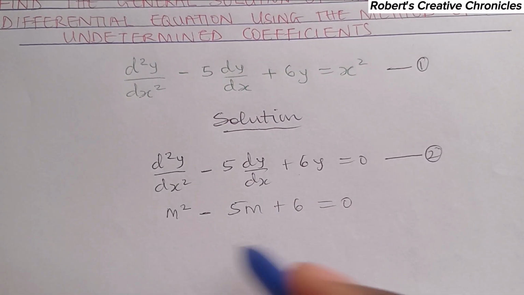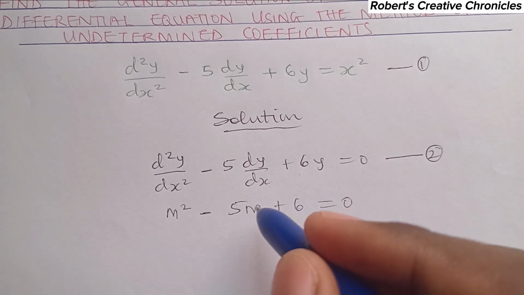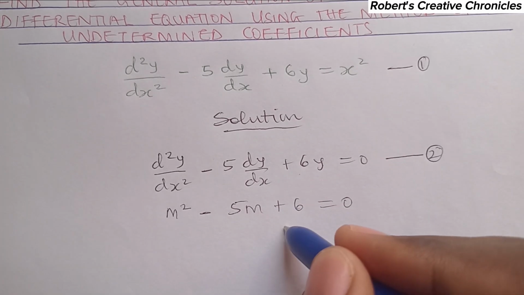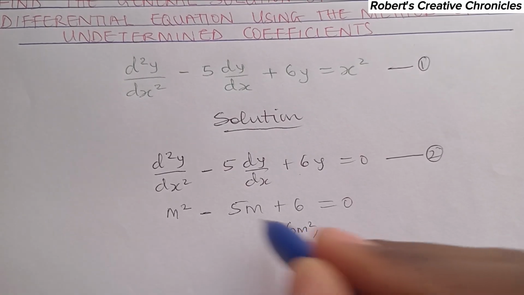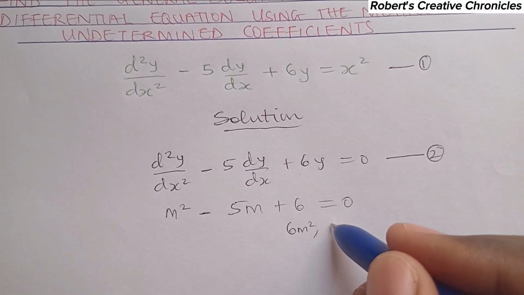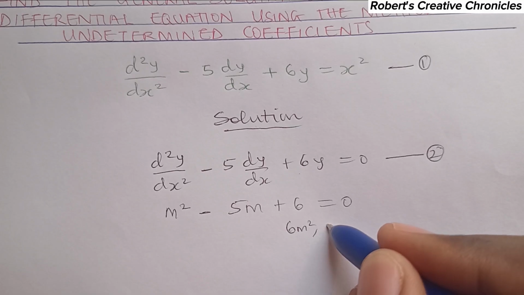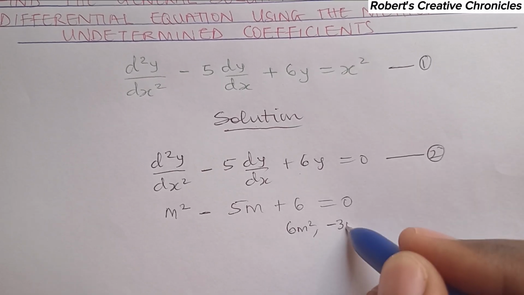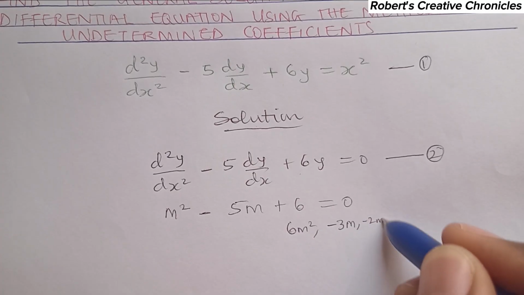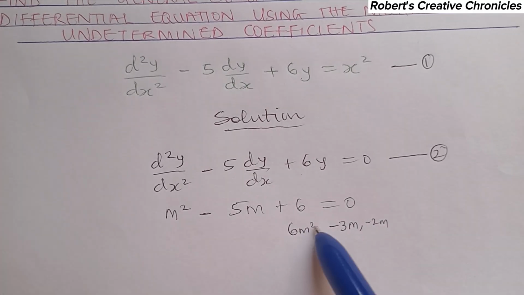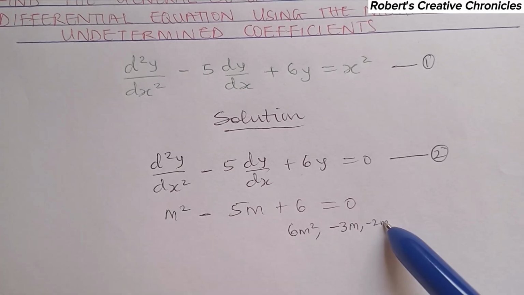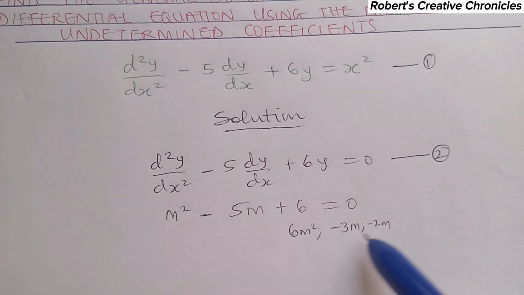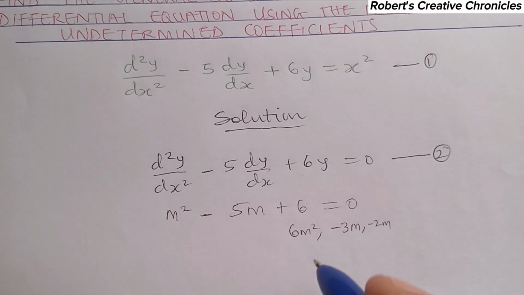So now we'll factorize this. This is 6m squared, so then this becomes minus 3m minus 2m, because minus 3 times minus 2 is 6, and minus 3 minus 2 is minus 5.